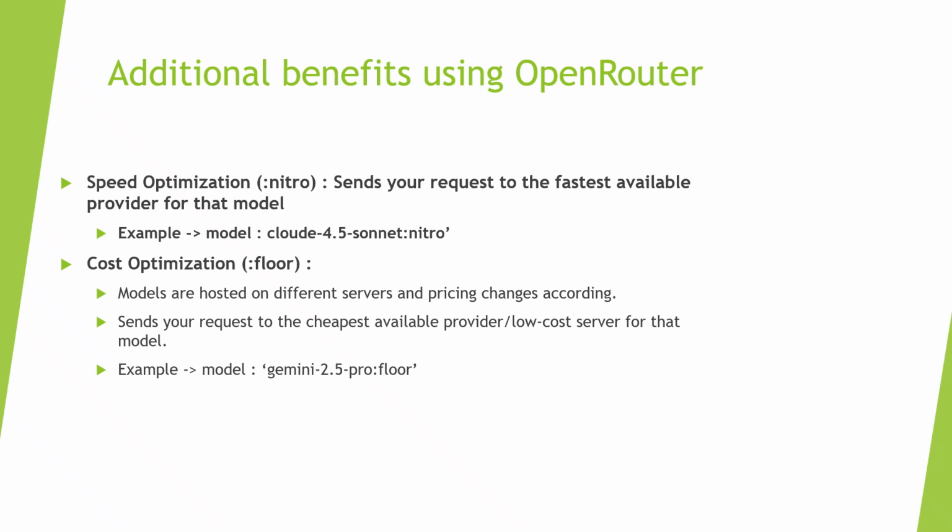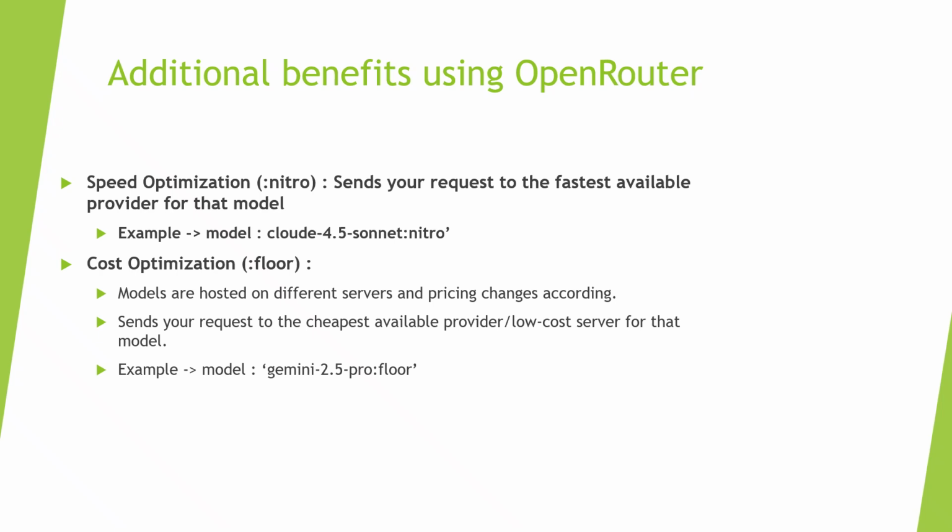The second one is cost optimization. For this, we can use :floor. As we know, these models are hosted on different servers, and pricing changes whenever we call these models.